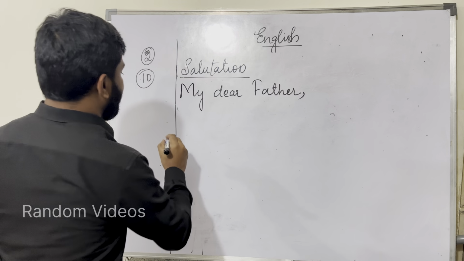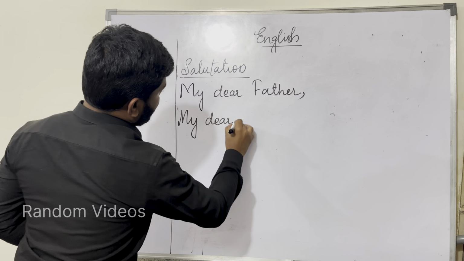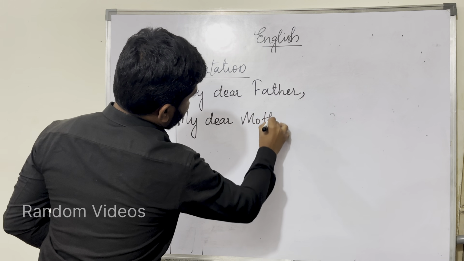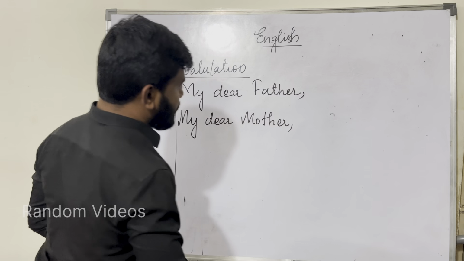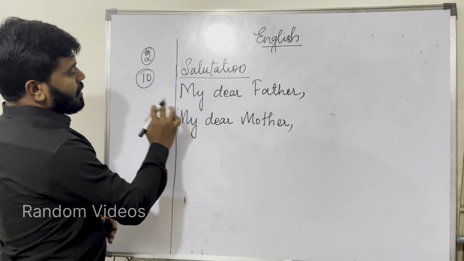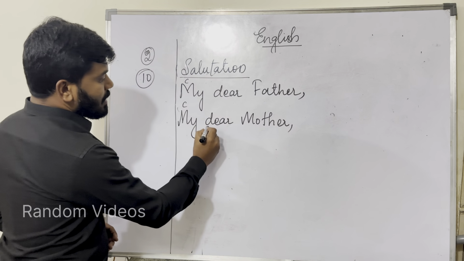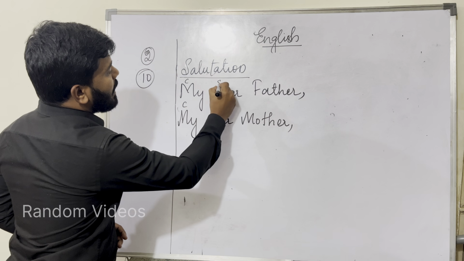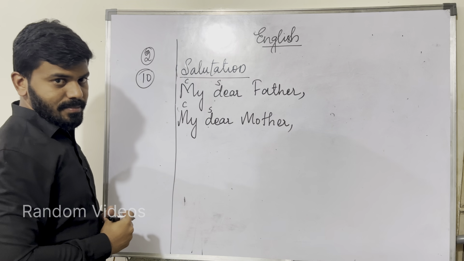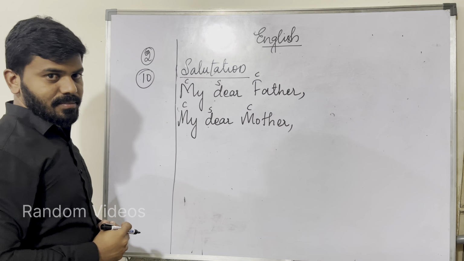If you are writing to your mother, my dear mother. See, look at the capitalization of the letters. See, M is capital, here M is capital. The D, dear, is small letter. Here, capital letter, capital letter.